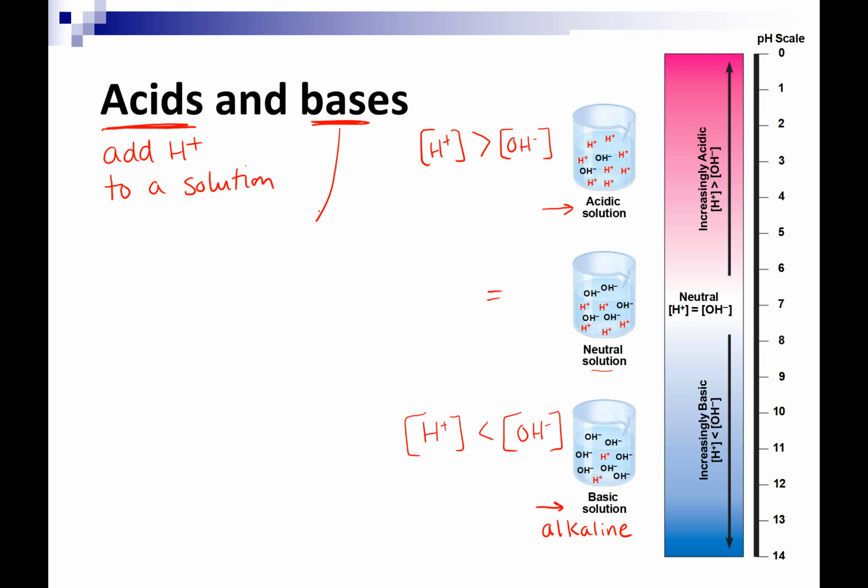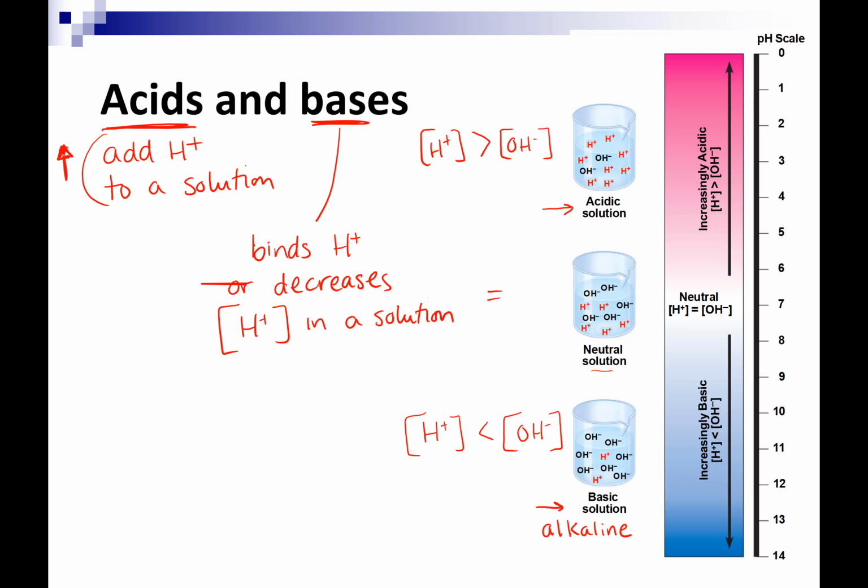And by definition, a base is anything that binds H plus, or you can think about it as decreasing H plus concentration in a solution. So acids increase the amount of H plus, and bases decrease the amount of H plus.